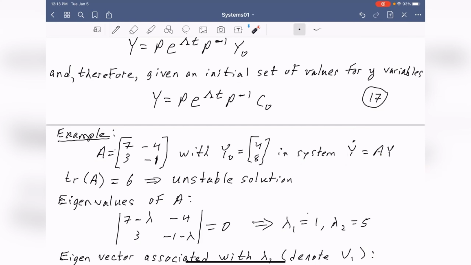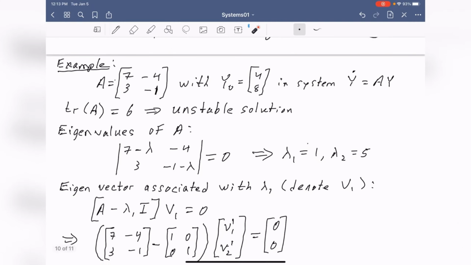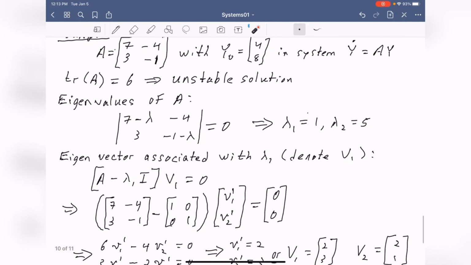Now the trace of A, which is simply the sum of these diagonal elements, so 7 plus minus 1, gives you 6, and that results in an unstable solution, but nonetheless we get a solution. Stability is something we have not looked at, and we don't want to consider it in terms of vector and matrix notation, but we'll look at that in terms of phase plane diagrams a little later on.